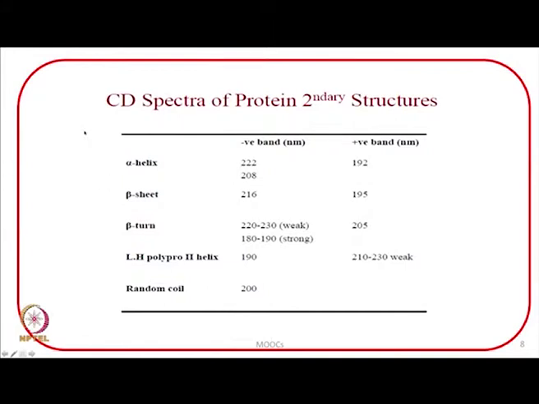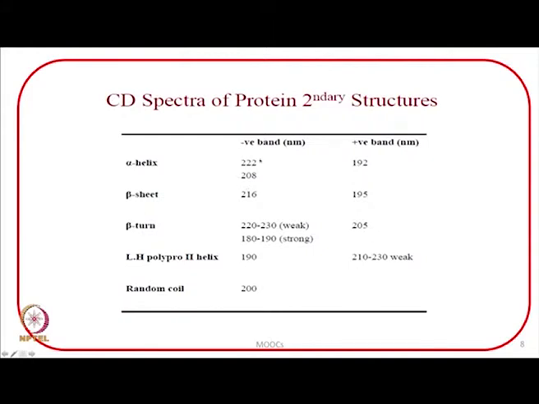For example, among the different secondary structural elements, alpha helix will show a negative band at 220 nanometer and a positive band at 192 nanometer. And alpha helix is also accompanied by a negative band at 208 nanometer.